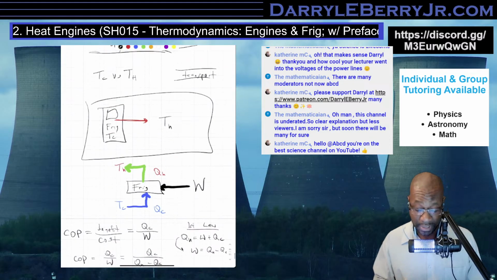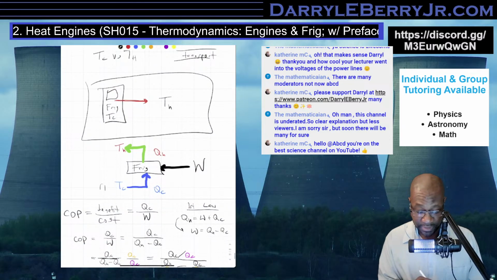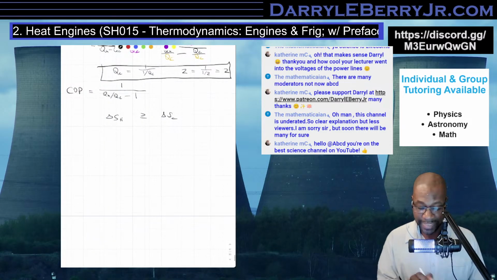But again, here we're taking energy from here. This is the first step. The energy does some work, and then we dump it out here. So since this is the in part, the entropy hot has to be greater than or equal to the entropy cold. So that's why I have this like this.